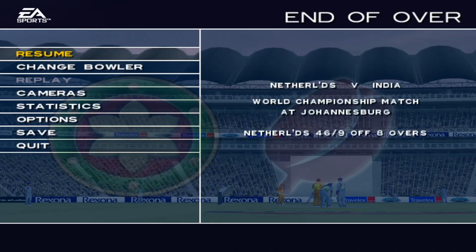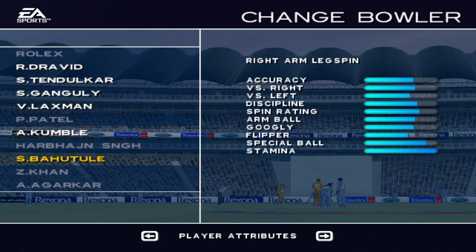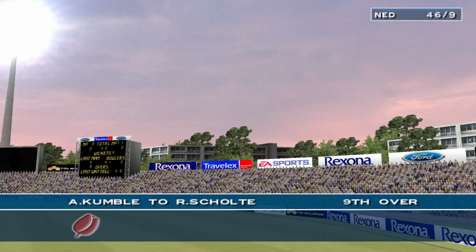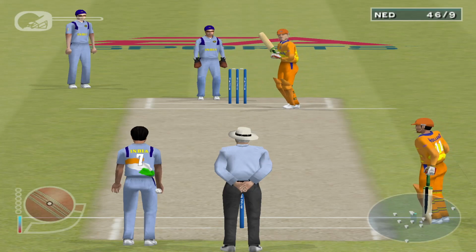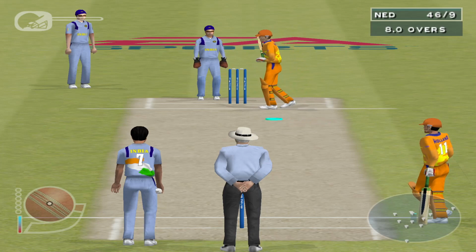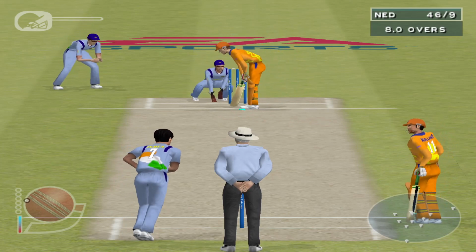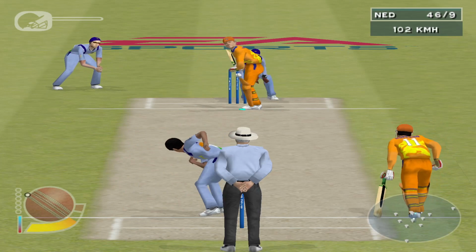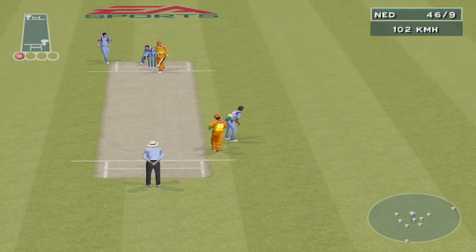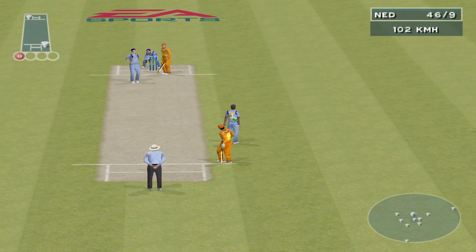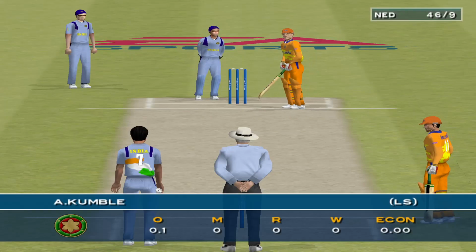Two runs came from that over for Netherlands. Kumble to bowl his leg spin. Kumble to bowl his wrist spin.